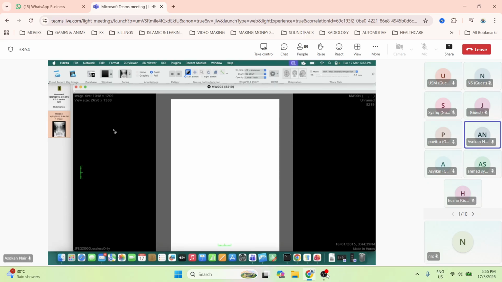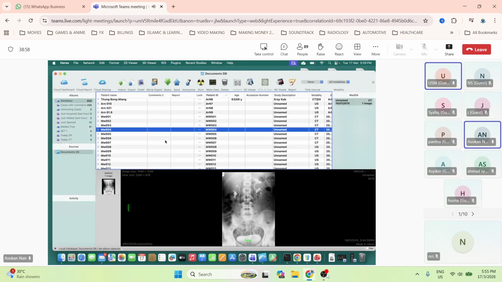Remember, you always want to do a scan together with the duplex. What scan would you do? If you saw this dilatation and you don't see the ureterocele, what would you do?